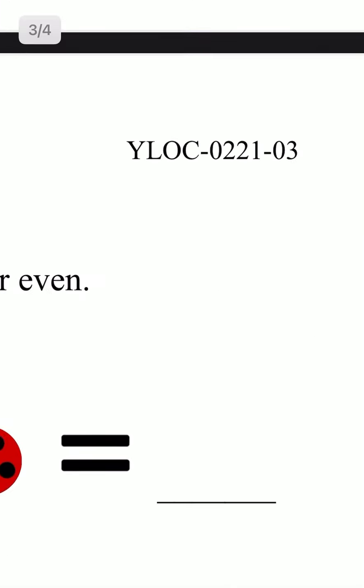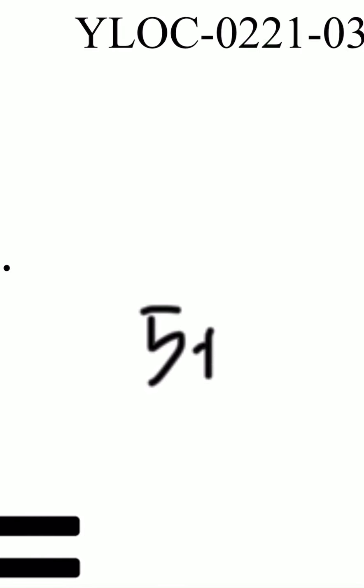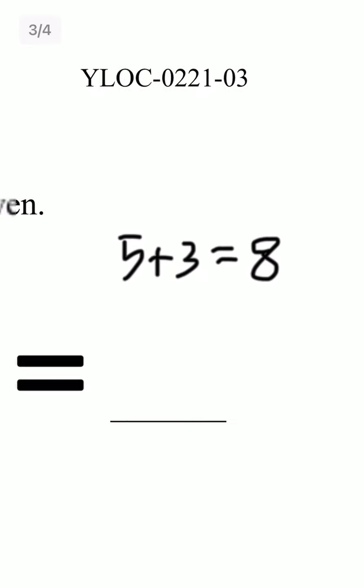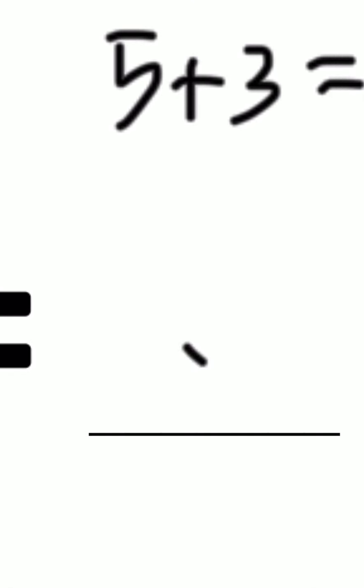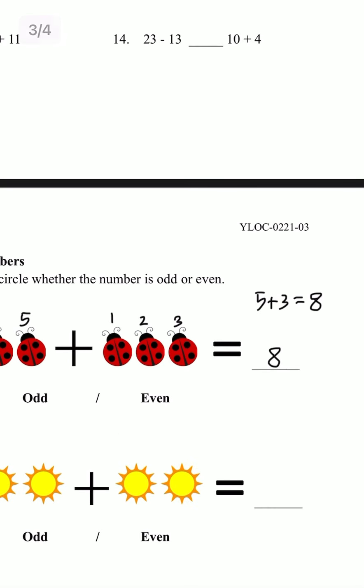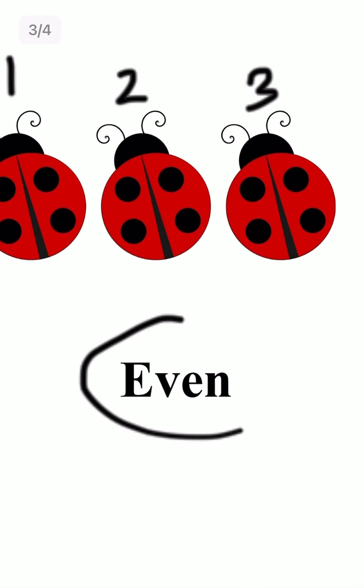And when we add 5 and 3, we get 8. So 8 is the answer, and 8 is an even number, so we have to circle even.